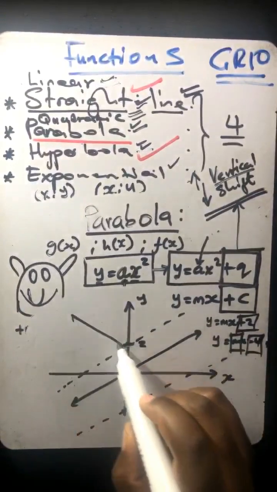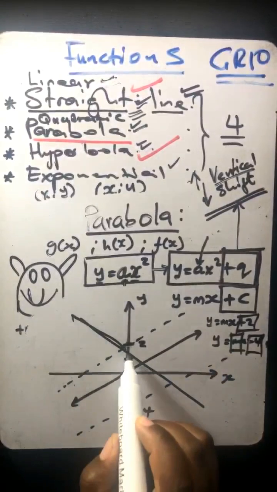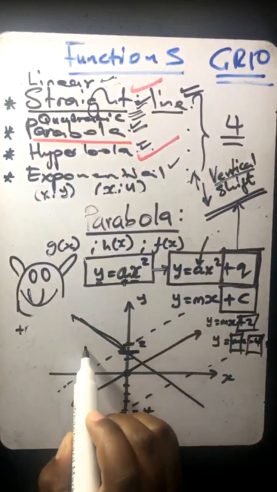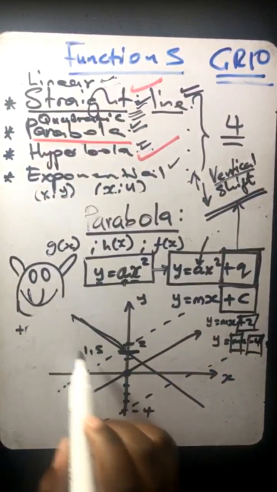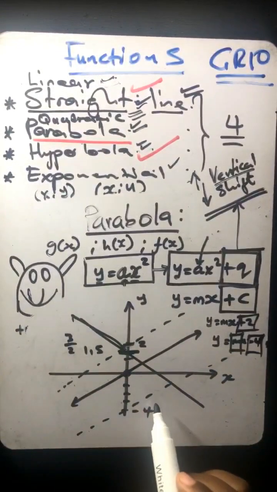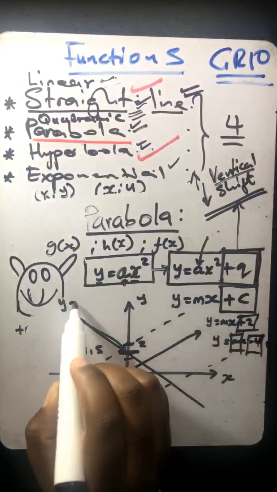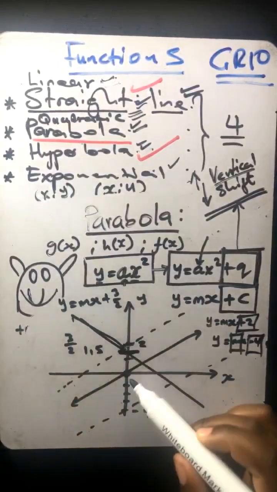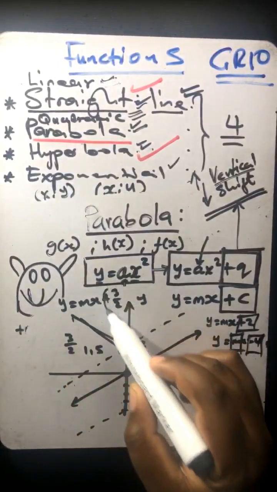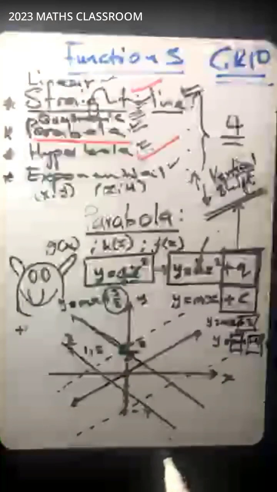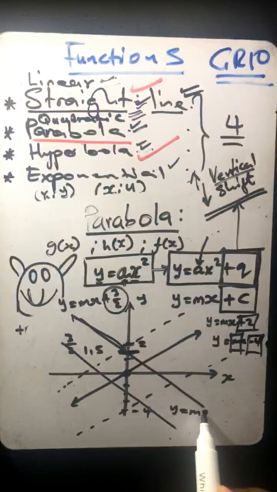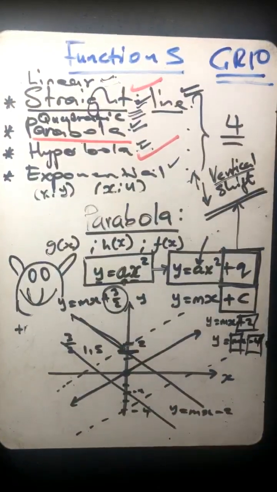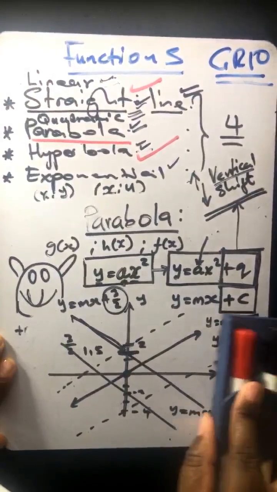If it's like that, for example, can you see it's passing through that point, which could be 1.5, or 3/2. So that means for that straight line, it's going to be y equals the gradient times x, plus 3/2, meaning it shifted upwards by 3/2, which is 1.5. The same as that. Here it's negative 2, then it's going to be minus 2. So that is the impact of that c value.